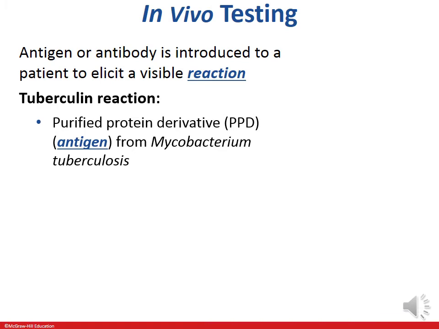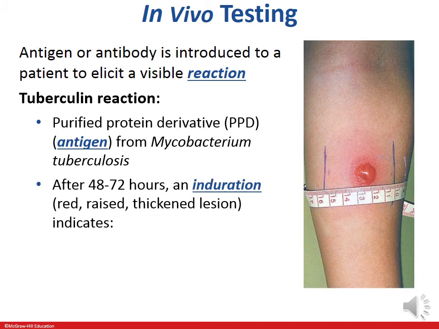And that antigen is then injected under the skin, and then we wait for 48 to 72 hours to see if there's a reaction. And so this takes time, because it's basically you're seeing the cytotoxic T cells coming in and doing the tissue damage wherever that antigen has been introduced. And so it can at least tell us that you've either been exposed or you've been vaccinated.